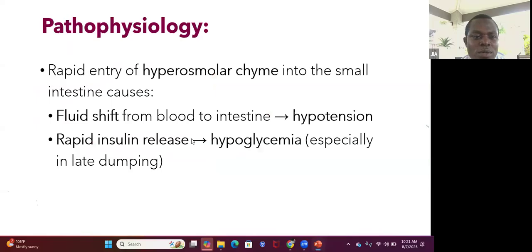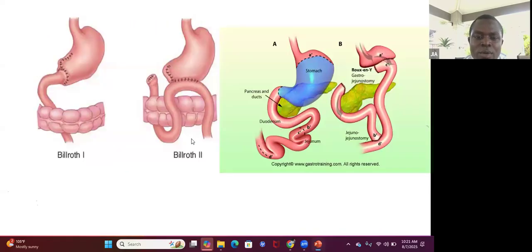And Billroth two, with Billroth two, you have a major portion of the stomach removed. In this case, you see the transverse colon, the big organ here. Then there's the small intestine.